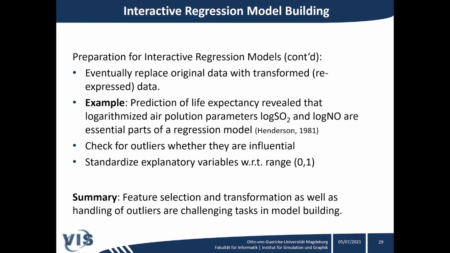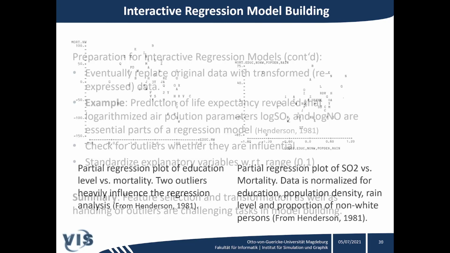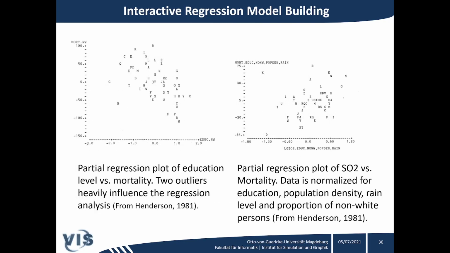Thus we can summarize that feature selection and transformation, as well as handling of outliers, are challenging tasks in model building. Here you see two examples for partial regression plots. A partial regression plot attempts to show the effect of adding another variable to a model that already has one or more independent variables.